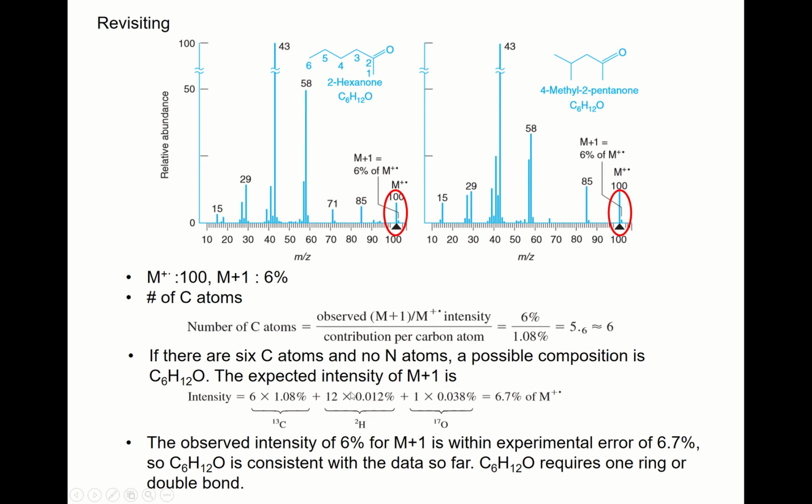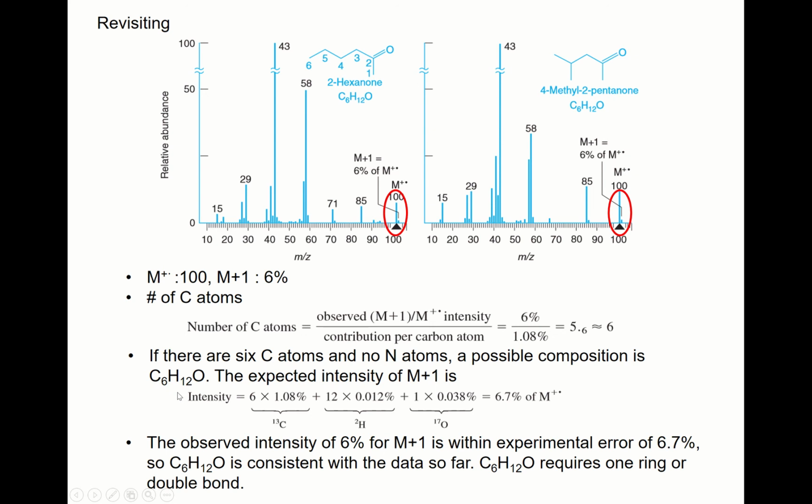So if there are 6 carbon atoms and no nitrogen atoms, a possible composition is as follows. With nitrogen atoms, the molecular ion mass number would not be an even number, so we simply ignore nitrogen.